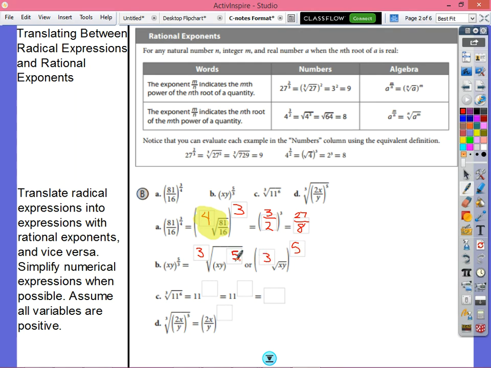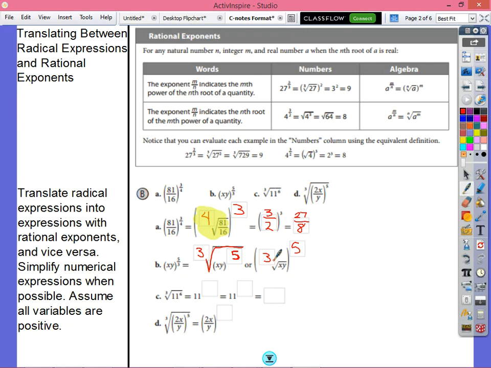Notice it does not matter whether we put the 5 inside the radical sign or outside the radical sign. These two are the same. That's all we need to do there.